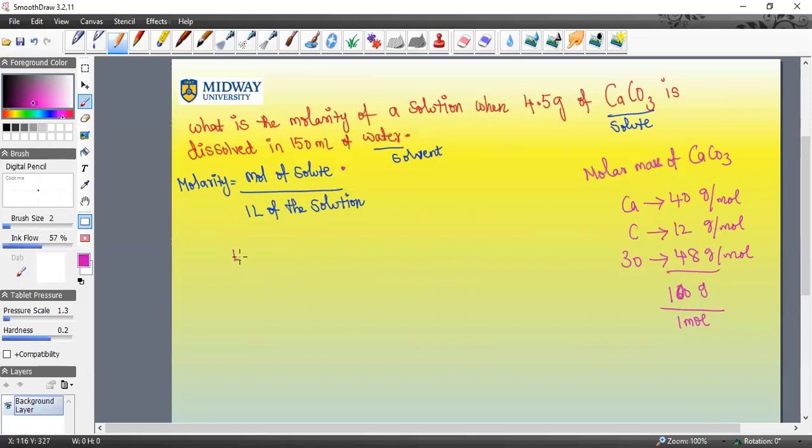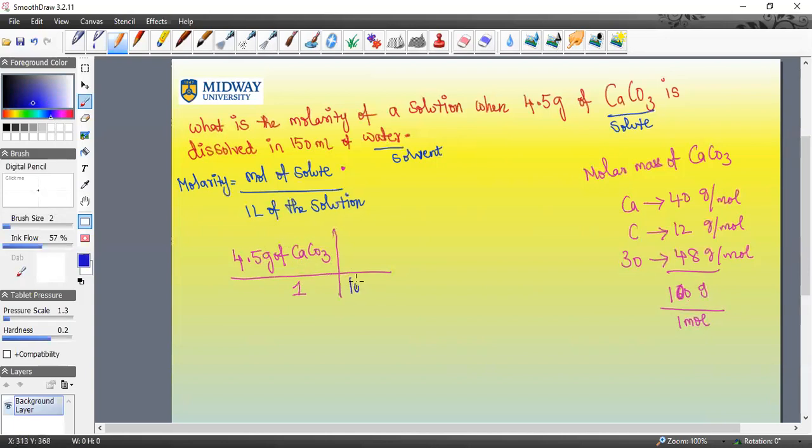Now we take our 4.5 grams. You should always use the given information first. Please don't use 150 for this, because that's a volume in milliliters, and this is in grams. Don't mix the solute and the solvent. This is the mass of your solute, and because the molar mass has grams at the top and moles at the bottom, we want to cancel out the grams.